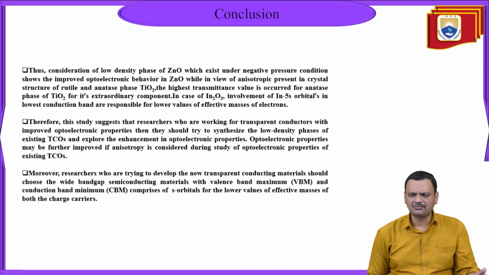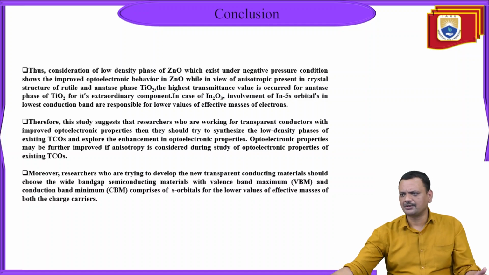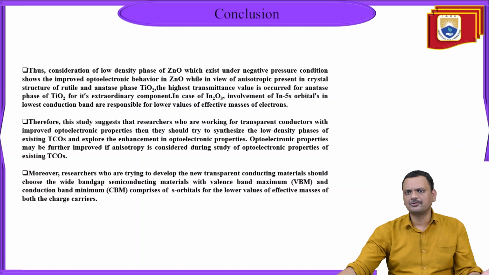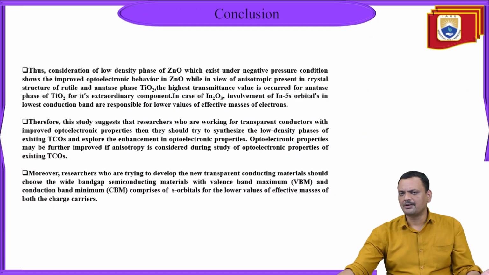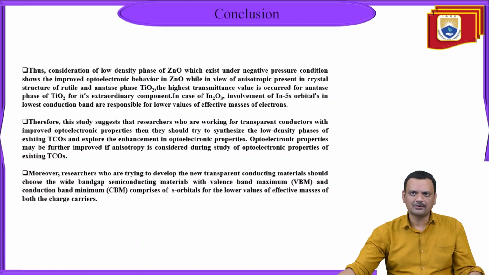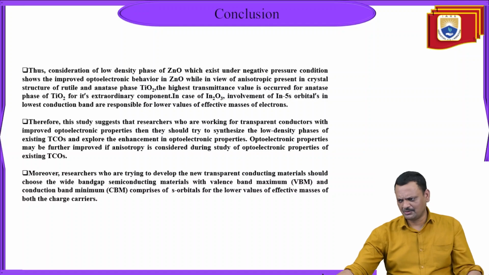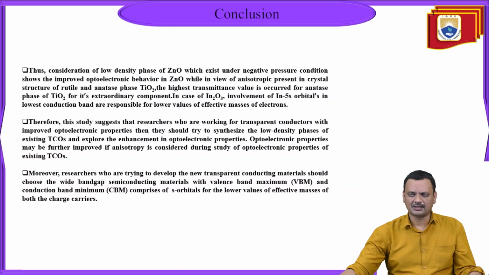These are the conclusions I already told. If you have a concern with conductivity, you can go for the low density polymorph of zinc oxide, that is the beta-BeO phase. But if you want higher transparency with stability, you can use the well-established indium oxide.